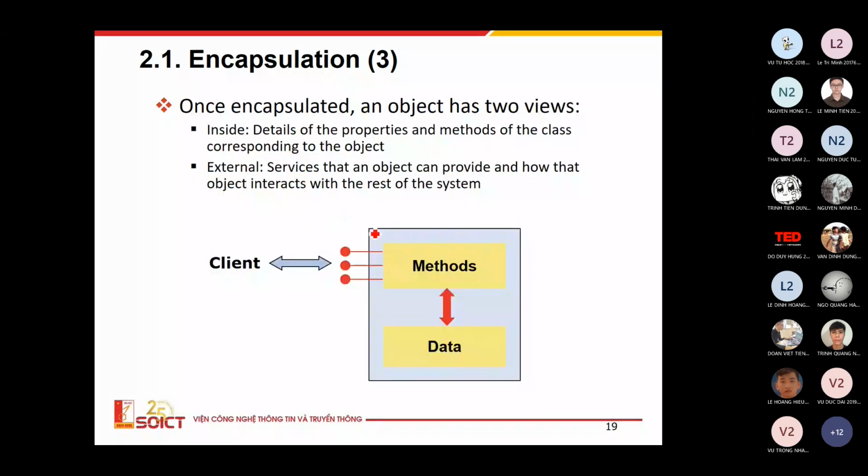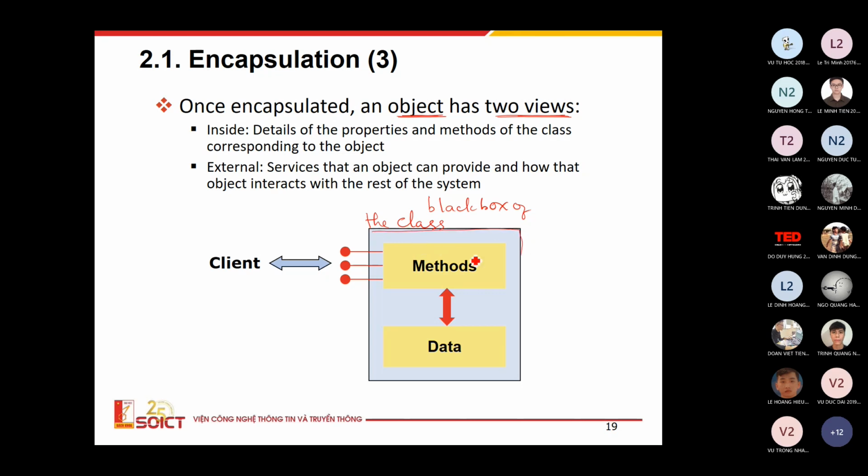So, for example, you imagine this black box of the class. The object of this class will have two views. One is inside the class.